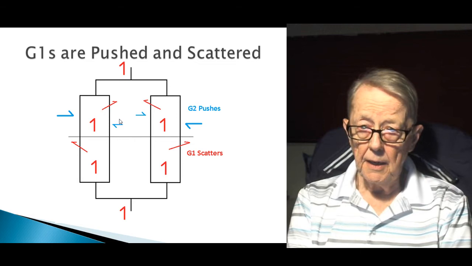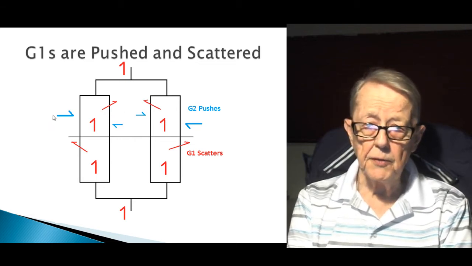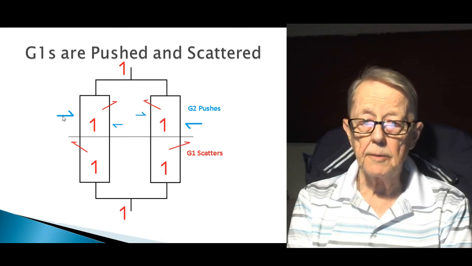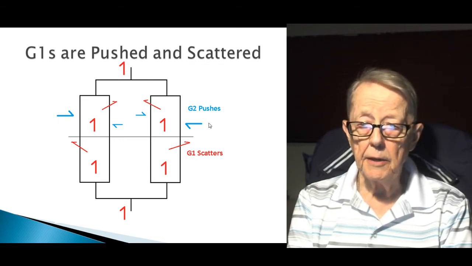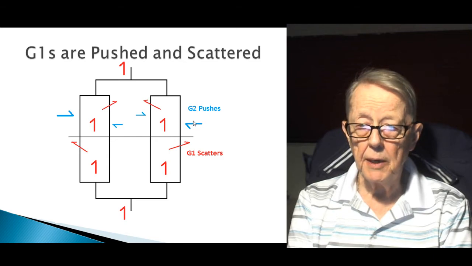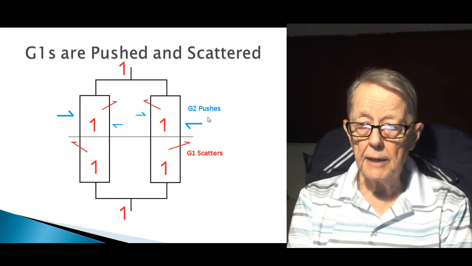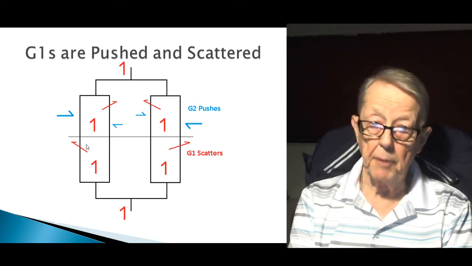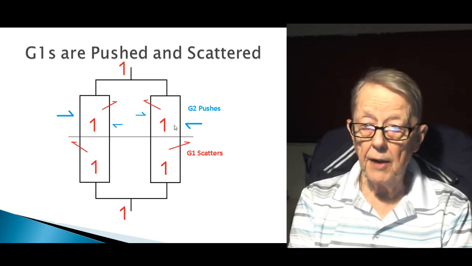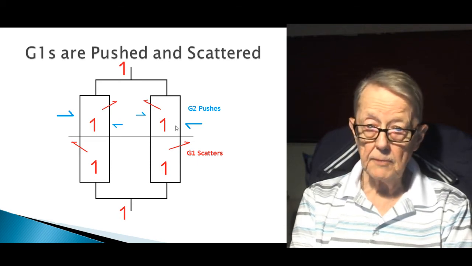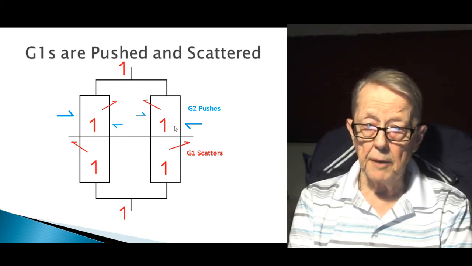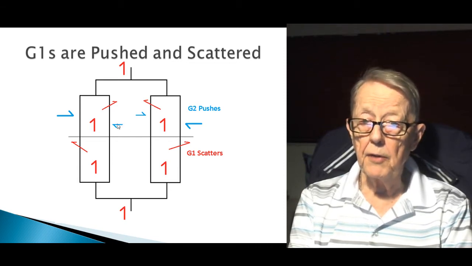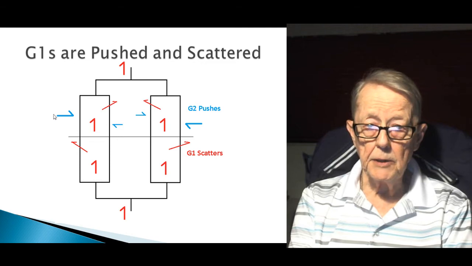This is something else again. Now this shows the G2 force field. Blue is the G2 particles coming in this way, and G2 particles coming in this way. As these pass through the resistor, they do the same thing. They pass through, they interact and scatter, or are trapped, but nonetheless they're lost. And there are fewer of them over here. Same thing this way.